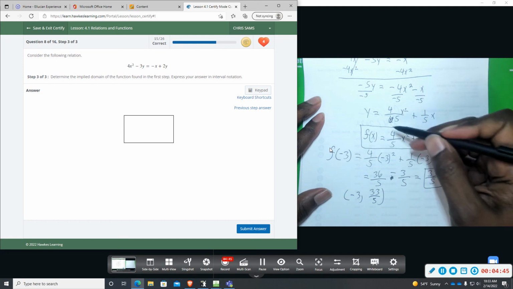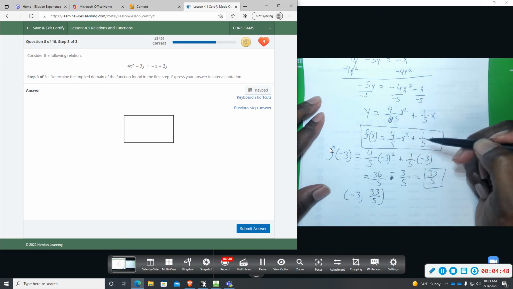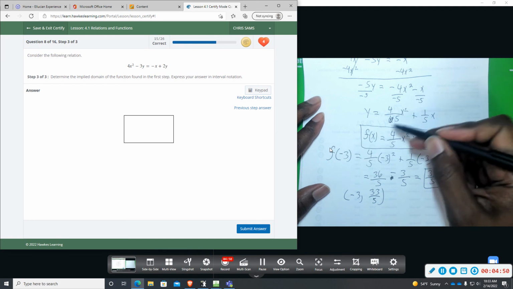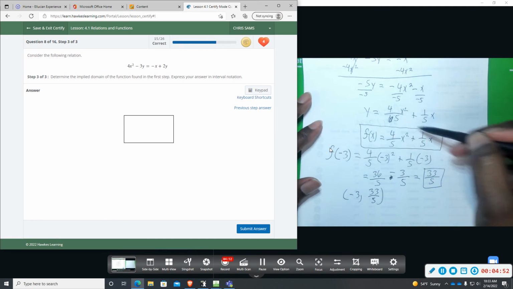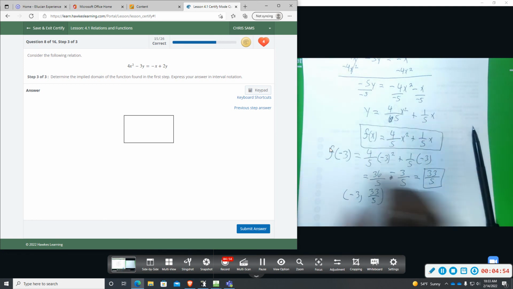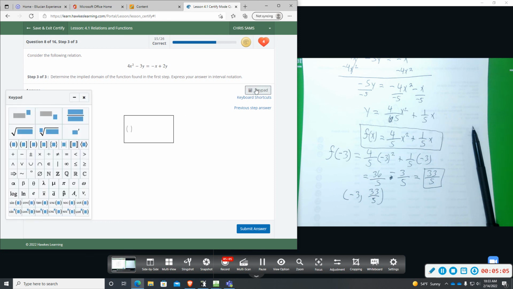No. Do I have any radical square roots of even degree? No, we don't. Do I have a logarithm? No. So that means any number we plug in will work. So your domain will be all real numbers. They want it in interval notation. So we have no restriction, so that means all real numbers.